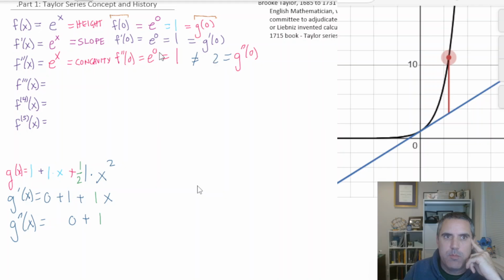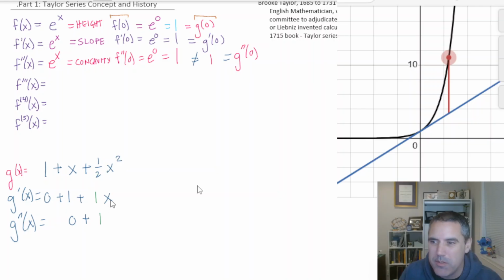So in order for this to be a 1, in order for our concavity to match up, you have to have the following. So let's kind of summarize where we're at. Kind of put it in solid. We go 1 plus x plus 1/2 x squared. And now you can see why that 1/2 is there, because the 2 in the exponent.